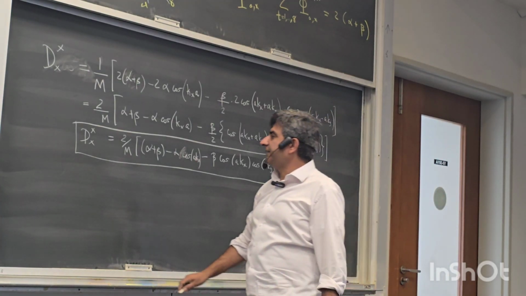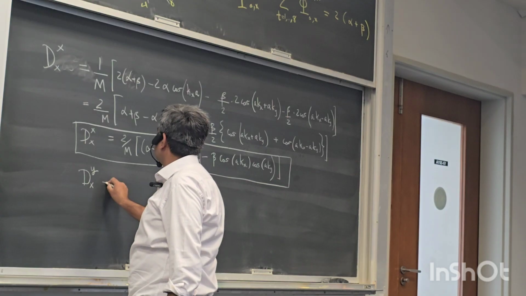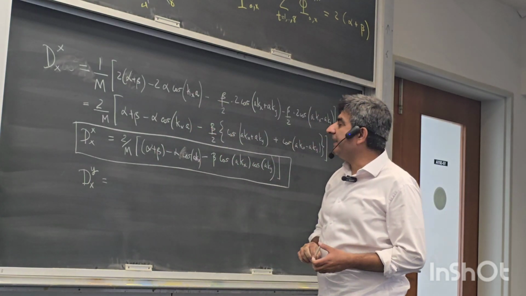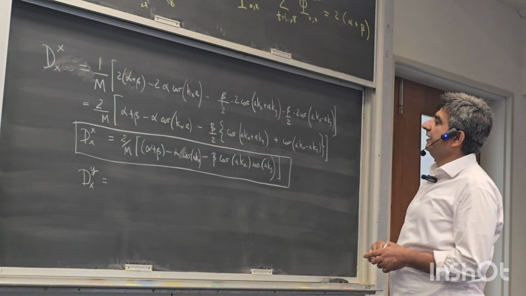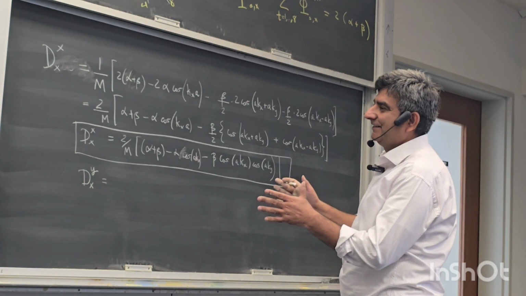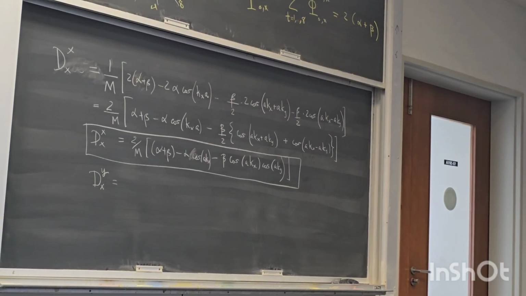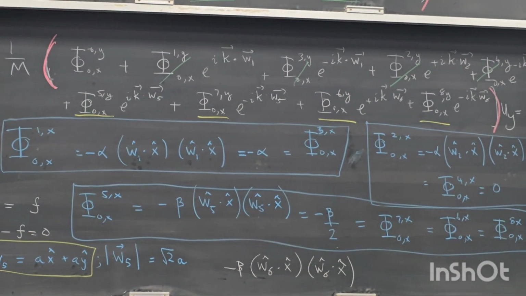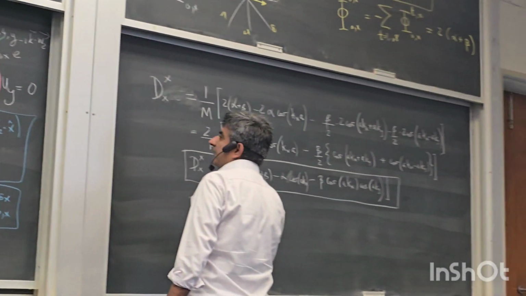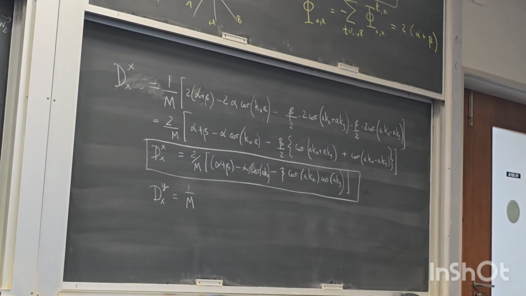Likewise, my dxy. My dxy is, all of this is 1 over m. This phi x 0 y, this is 0.